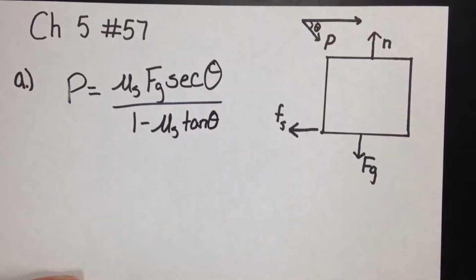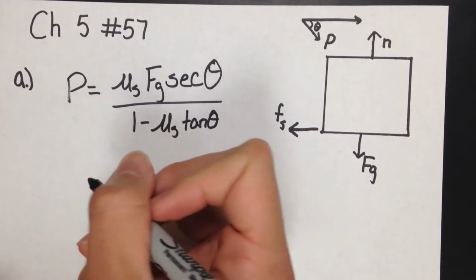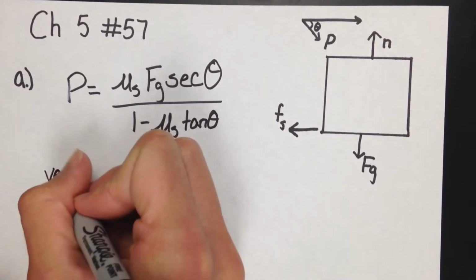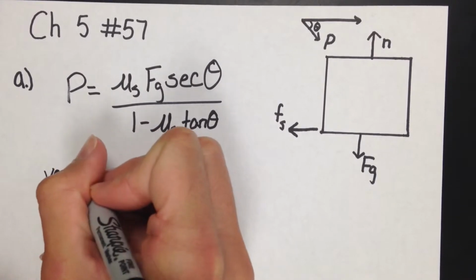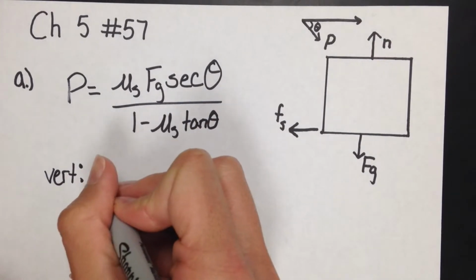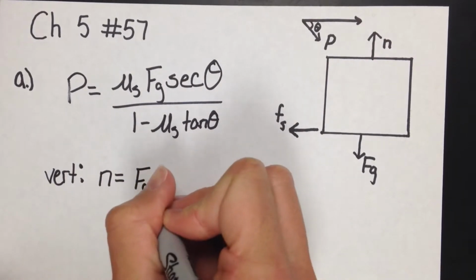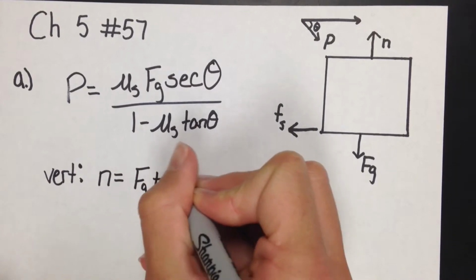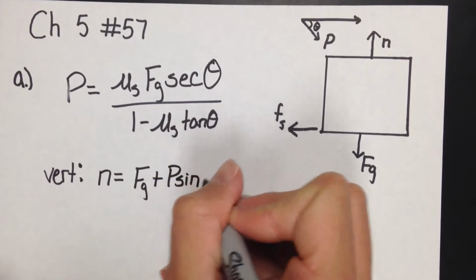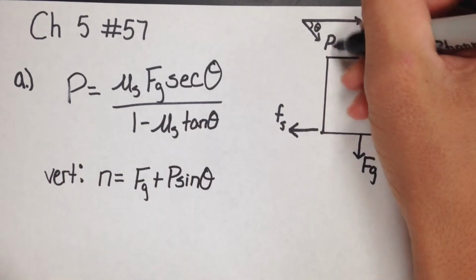And then for this problem, you need to first find the vertical and the horizontal components. So first we're going to find the vertical ones. The vertical is going to be your normal force. So your normal force will equal the force of gravity plus P sine theta. The sine theta is in here because it accounts for the vertical component of P.